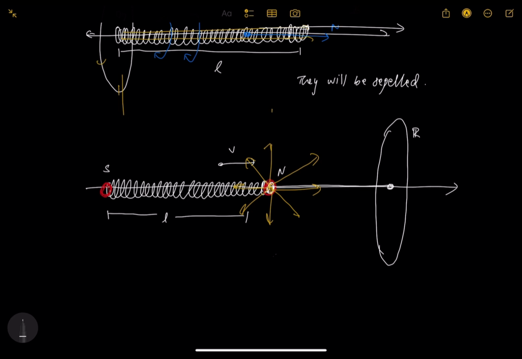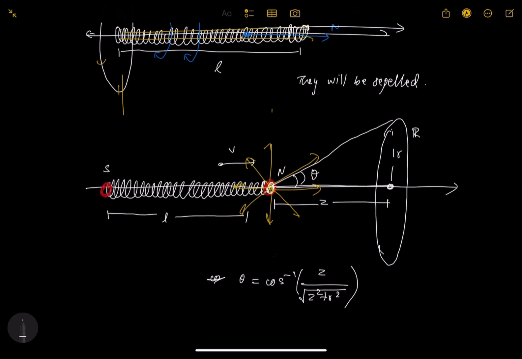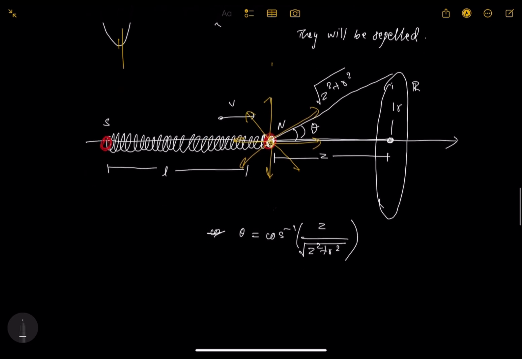So let's say that this Amperian loop subtends an angle of theta. And that theta is basically going to be cosine inverse of z, which is the distance from the North Pole, divided by the root of z squared plus r squared, of course. That's given by the Pythagorean theorem.